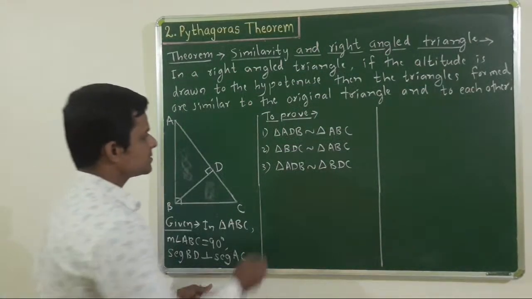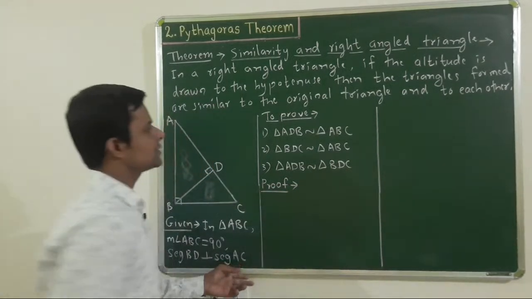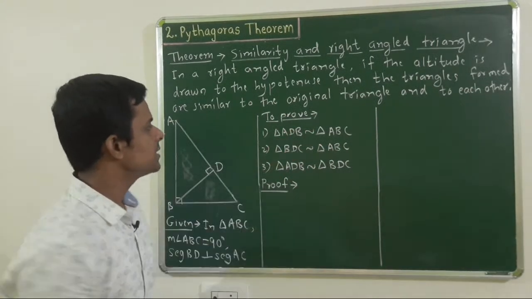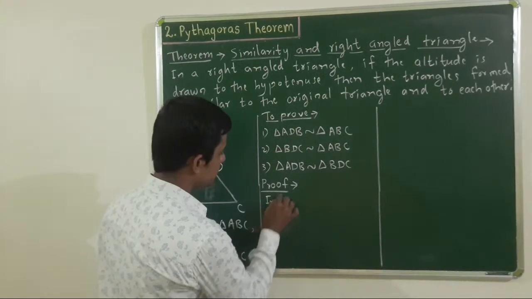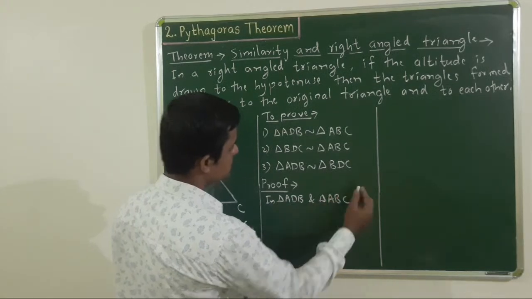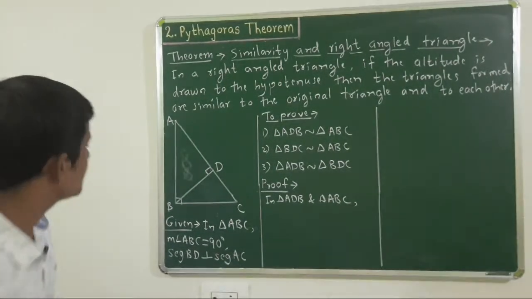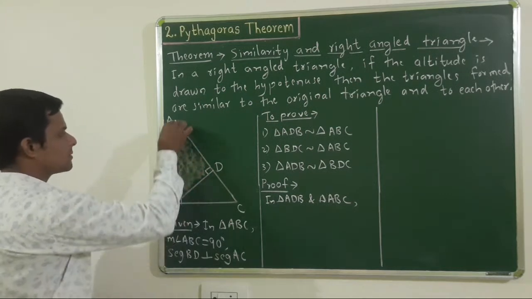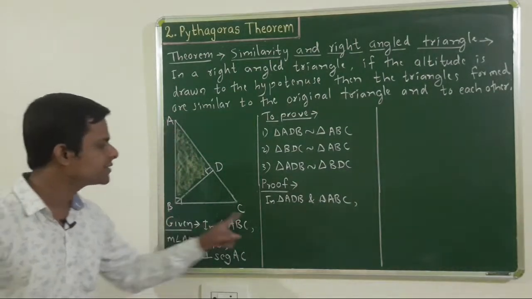Now the next part is the proof. We'll take this pair first, then we'll take this pair, and then we'll prove this one. First, in triangle ADB and triangle ABC, observe these two triangles: the shaded triangle ADB and the whole big triangle ABC.